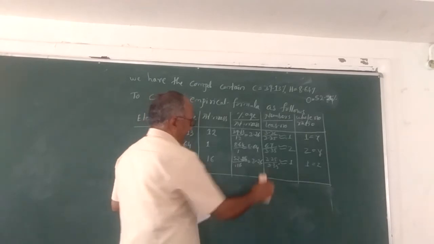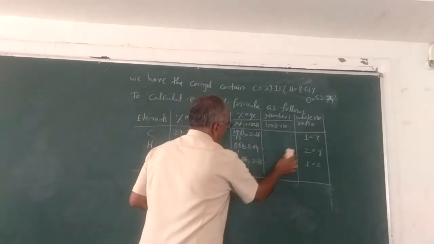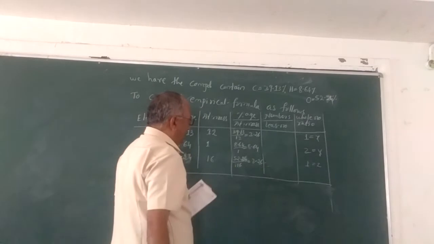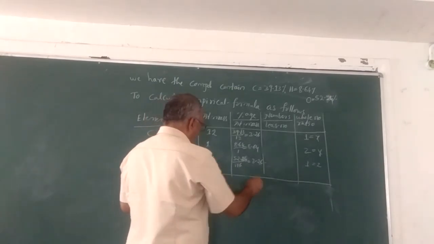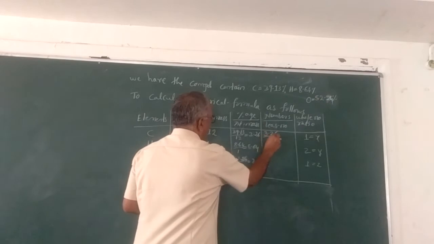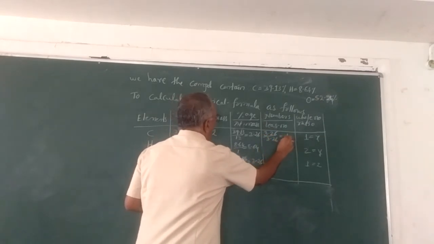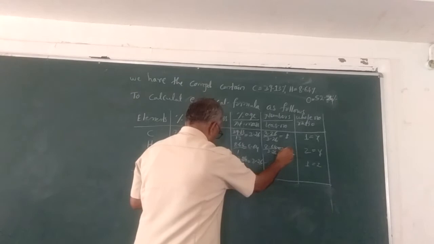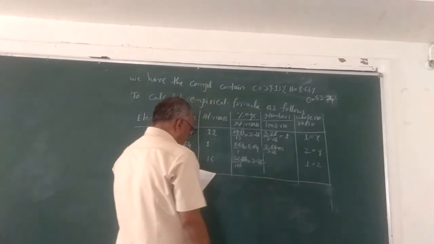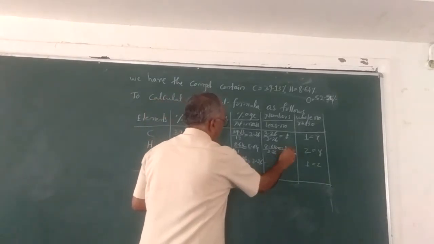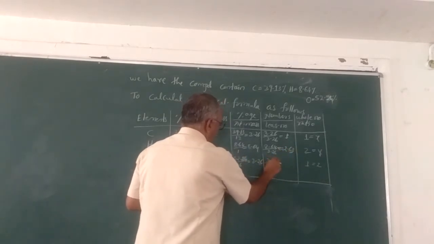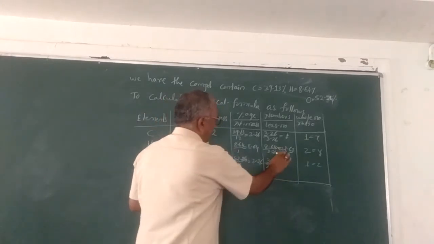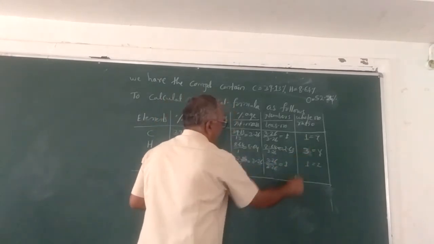See all the numbers, which is the least number? That least number is required to divide all the numbers. So therefore 3.26 divided by 3.26 is 1. 8.64 divided by 3.26, you will get around 2.65. This is 3.26 divided by 3.26, you will get 1. So this 2.65 is taken as 3. This is 1.